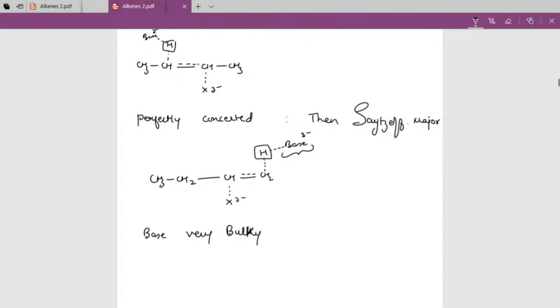Due to steric factors. Please consider this base. Let me exemplify with tertiary butoxide.